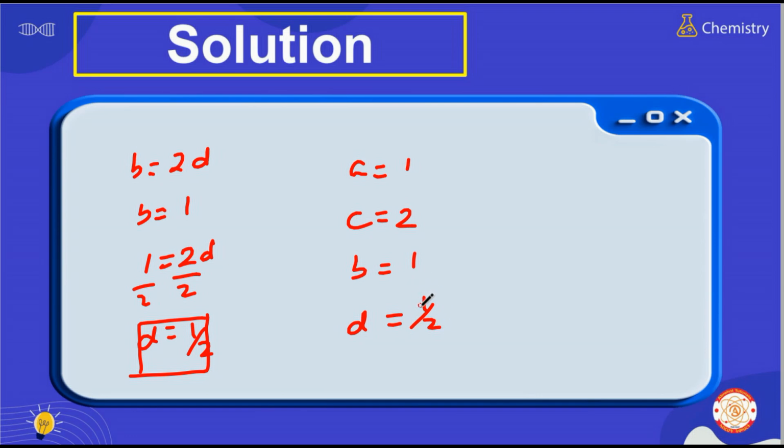Now because we have a fraction, to make this whole number, what do we do? We multiply the whole equation, or every variable, by the denominator. So multiply it by 2, multiply it by 2. 2, 4, this gives me 2, this gives me 1. Therefore, what is the coefficient of sodium sulfate? 2.